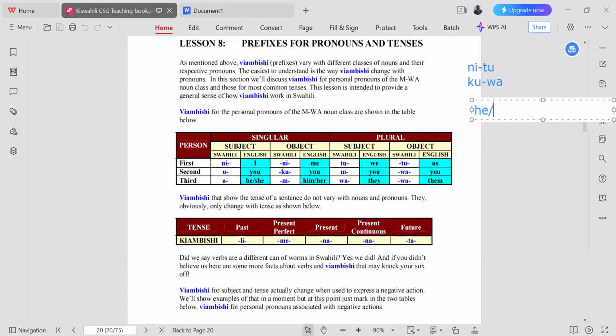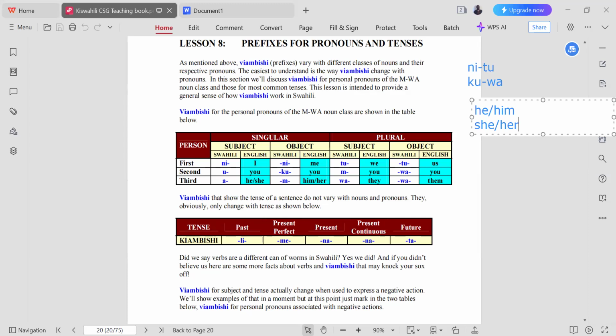What's the difference now between he and him, or between she and her? Who can tell the difference between these two words so that I can clearly help you explain what the object and the subject mean in this context?